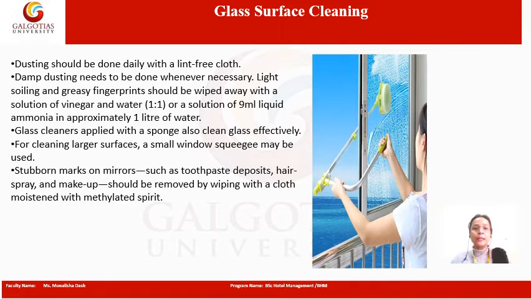Light soiling and greasy fingerprints should be wiped away with a solution of vinegar and water or a solution of 9 ml liquid ammonia in approximately 1 liter of water. Glass cleaner applied with a sponge also cleans glass very effectively. For cleaning large surfaces, a small window squeegee may be used. That you just watched in that video, that a small squeegee was used in order to clean that large area of the kitchen.